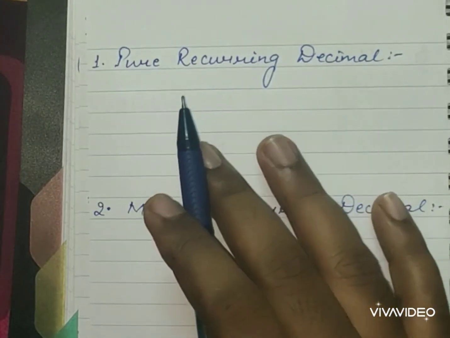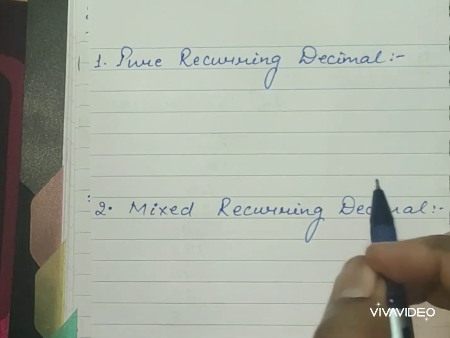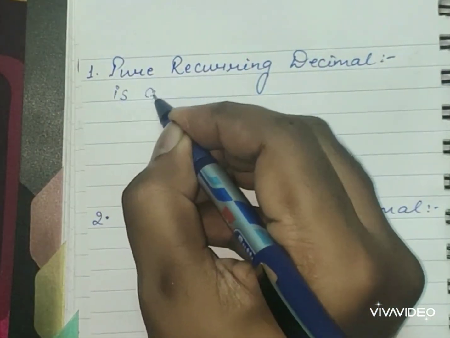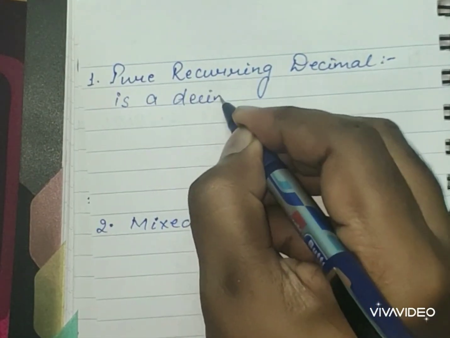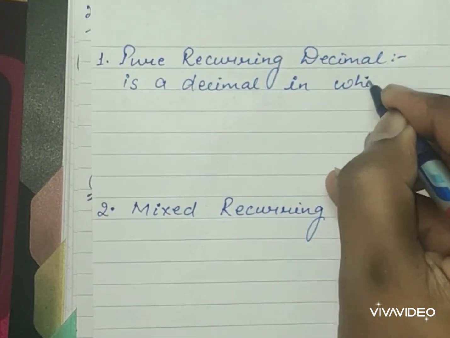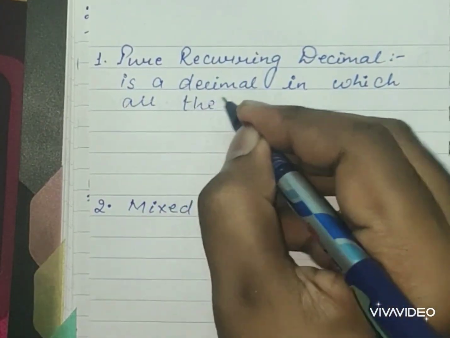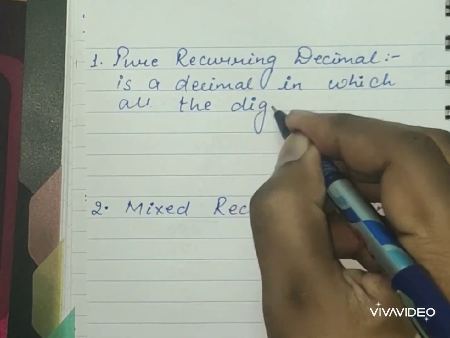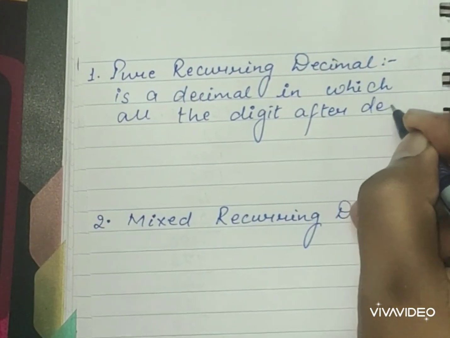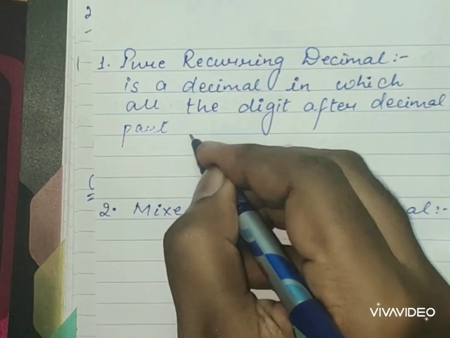Now we will see what is pure recurring decimal and mixed recurring decimal. A pure recurring decimal is a decimal in which all the digits after the decimal part repeat itself.